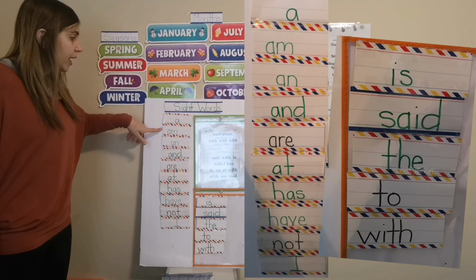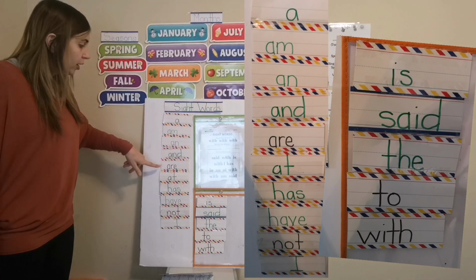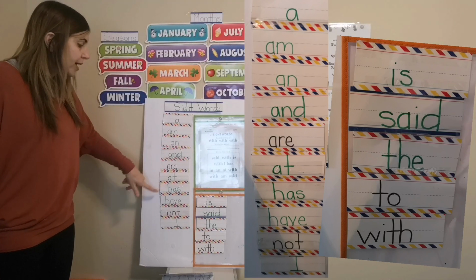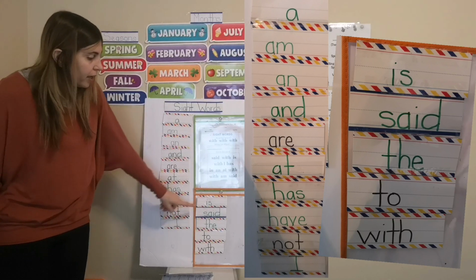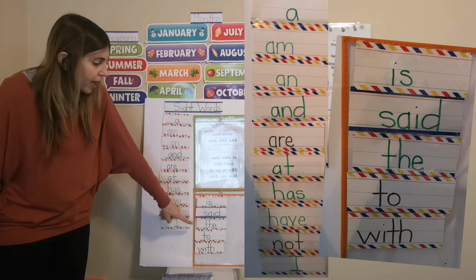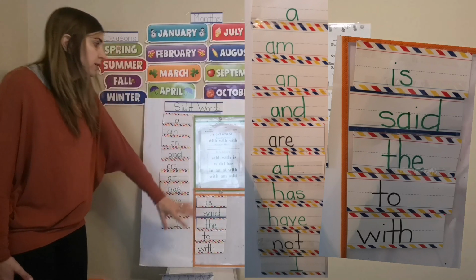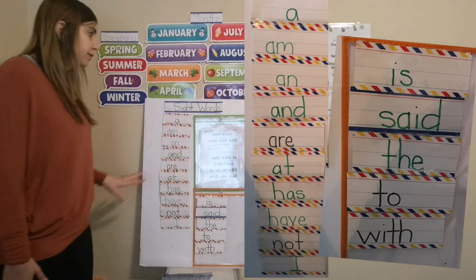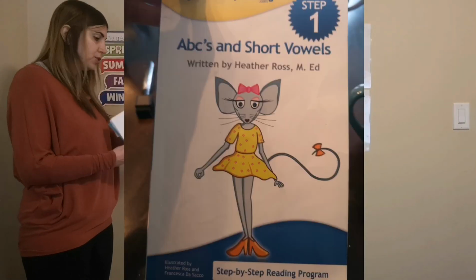A, am, an, and, are, at, has, have, not, I, is, said, the, to, with. So those are the sight words we've learned so far. The sight words come from the stories.